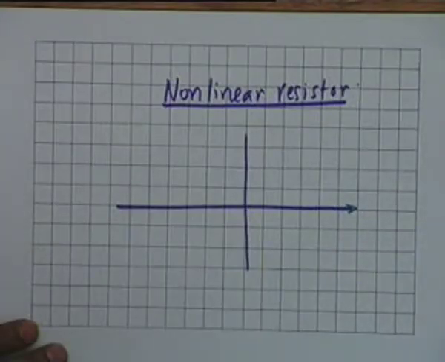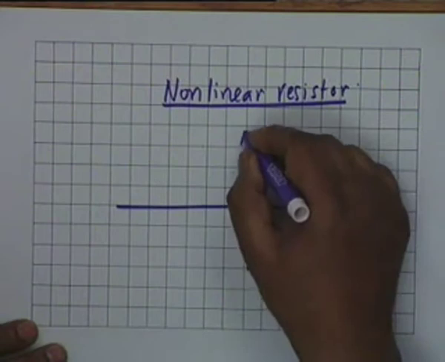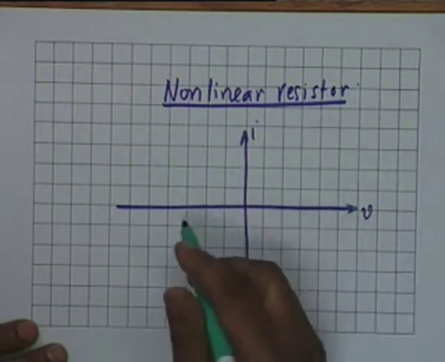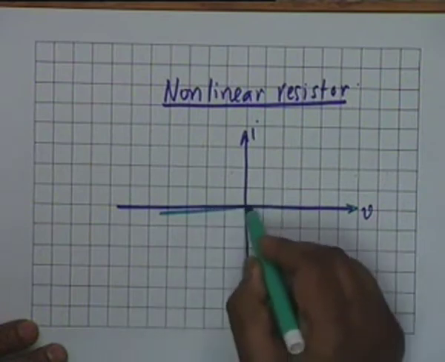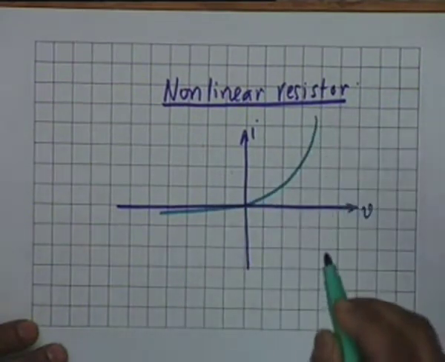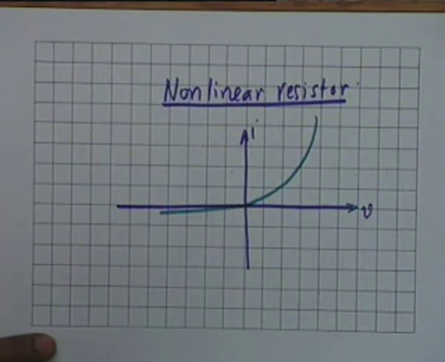This is VI. For negative V, the current is very small. For positive V, the current increases almost exponentially. And then what you do is you apply, let's say, a sinusoidal voltage to the diode.